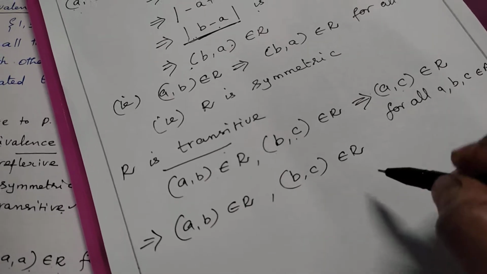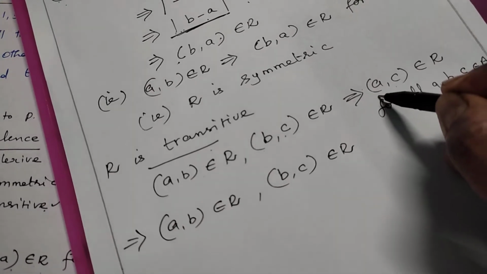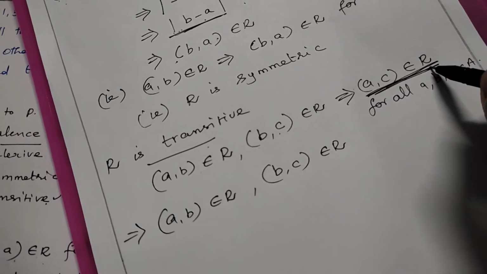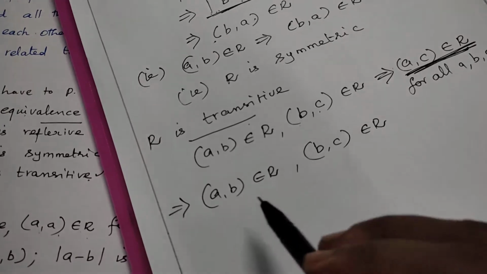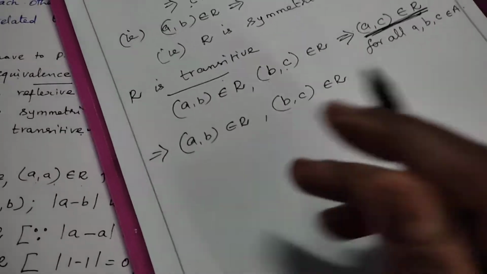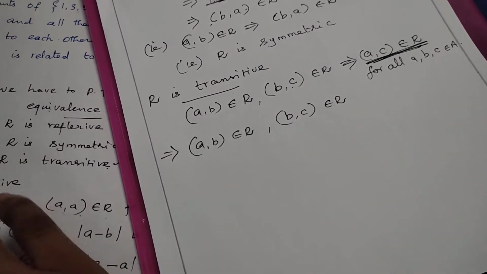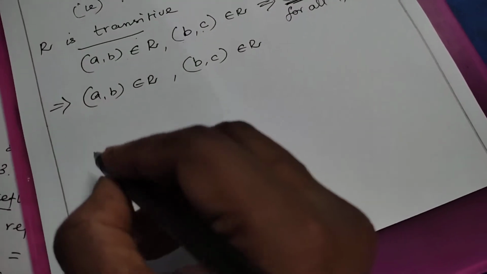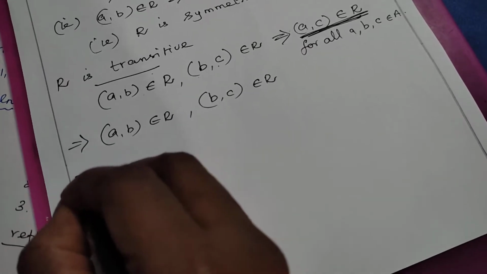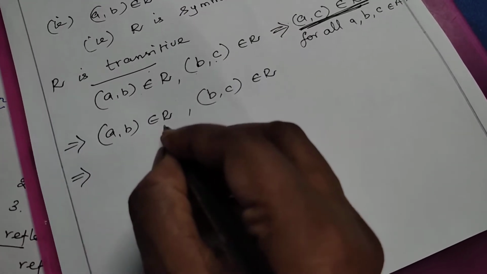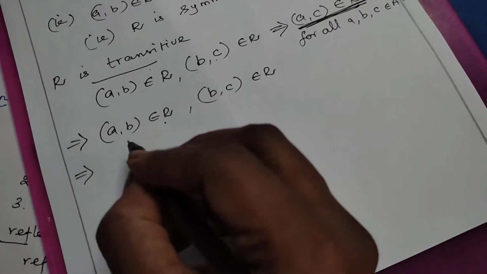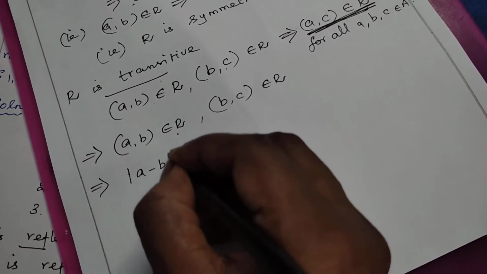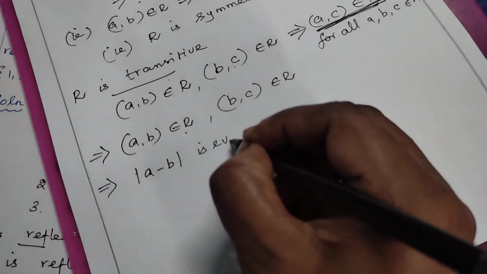Then we have to prove that A comma C belongs to R. First, A comma B belongs to R. From the given relation condition, modulus of A minus B is an even number.